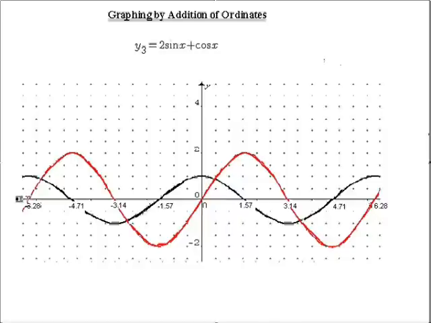At any point that has an x-intercept, of the two equations that we're adding, the y coordinate that isn't 0 is the one that's not going to change.